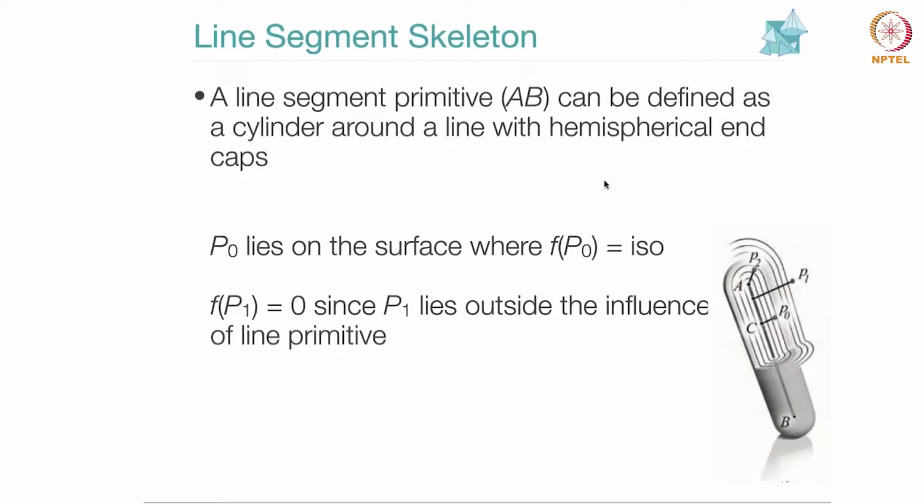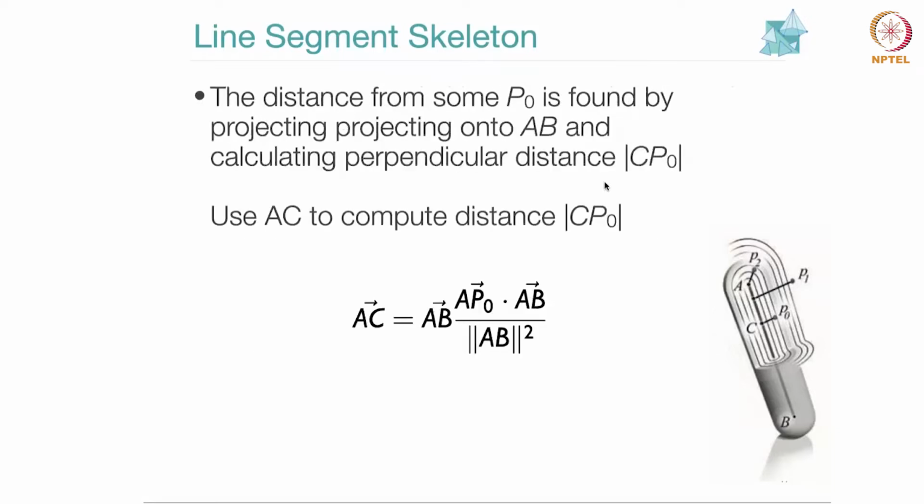For a 3D line segment, you define it similarly, but what you get is a capsule-like level set for that. And for the distance computation, you could use some algebra to compute the distances. If you want, I can go through it, but this is some basic algebraic calculation here.